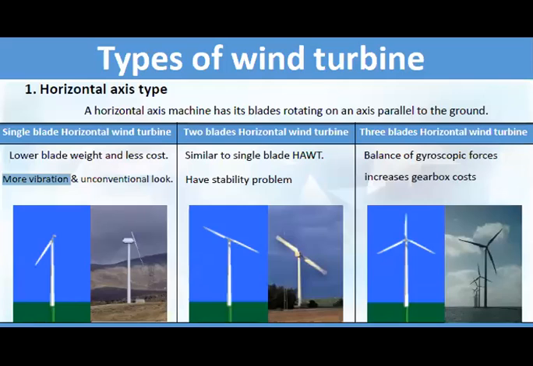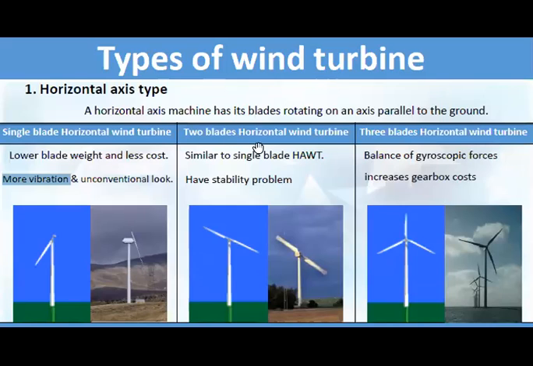Coming to the types of wind turbines, the first one is the horizontal axis type. A horizontal axis machine has its blades rotating on an axis parallel to the ground. That is a single blade horizontal wind turbine.